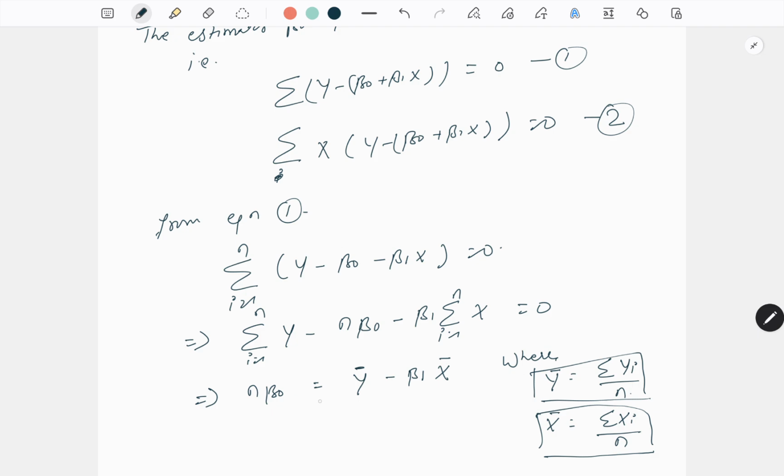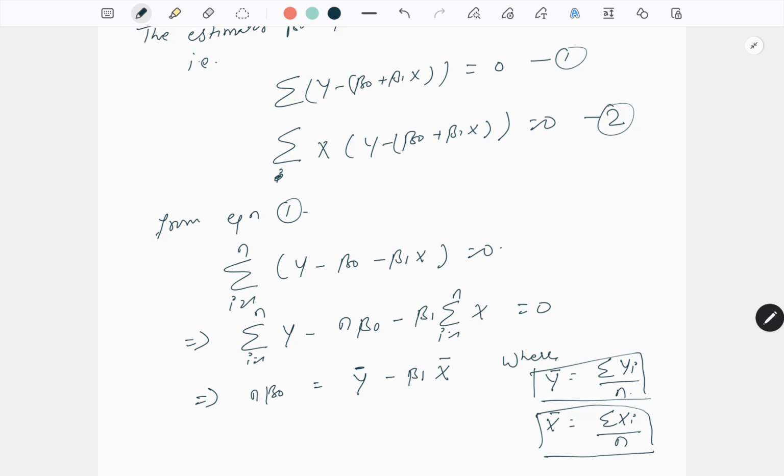Okay, so here is one catch. When you take the mean of y bar, this n value will go down, and only then will it become y bar. Let me rewrite it once again.